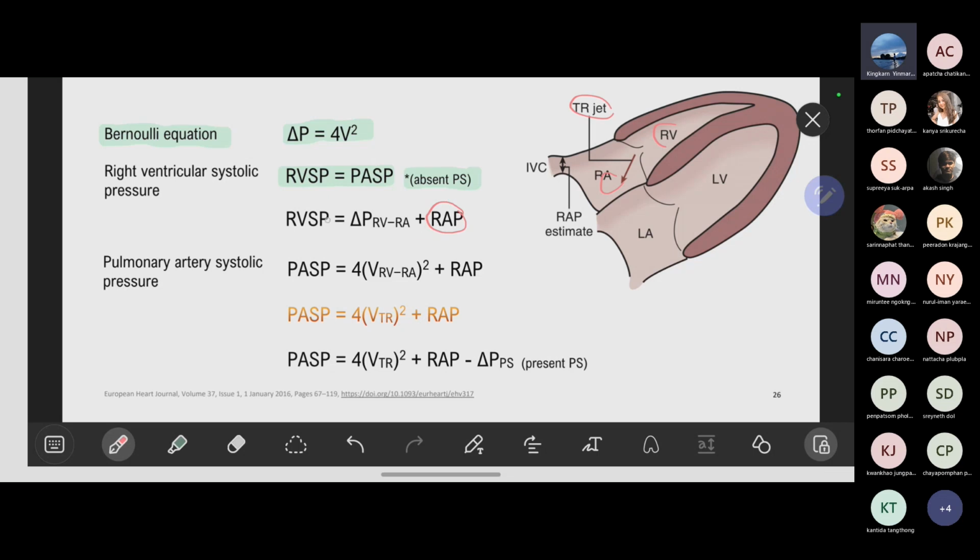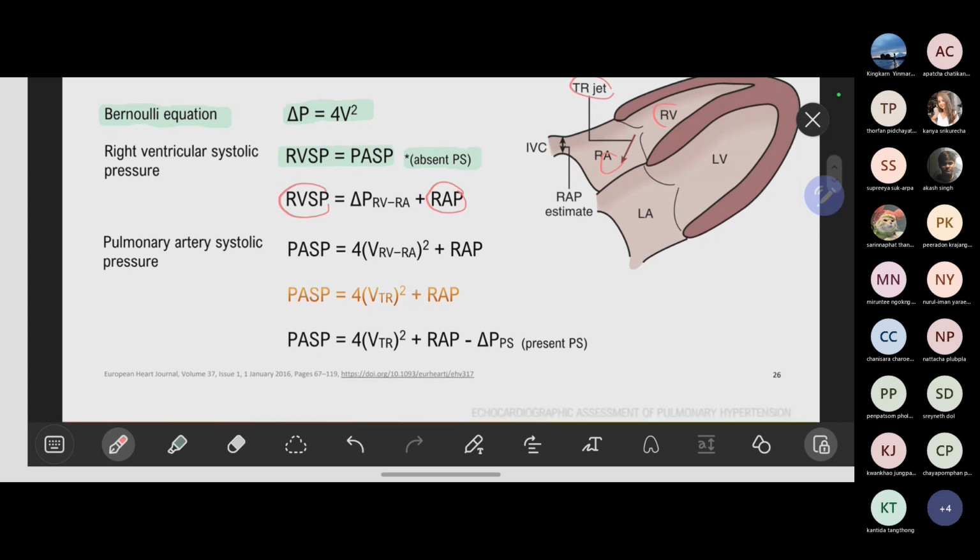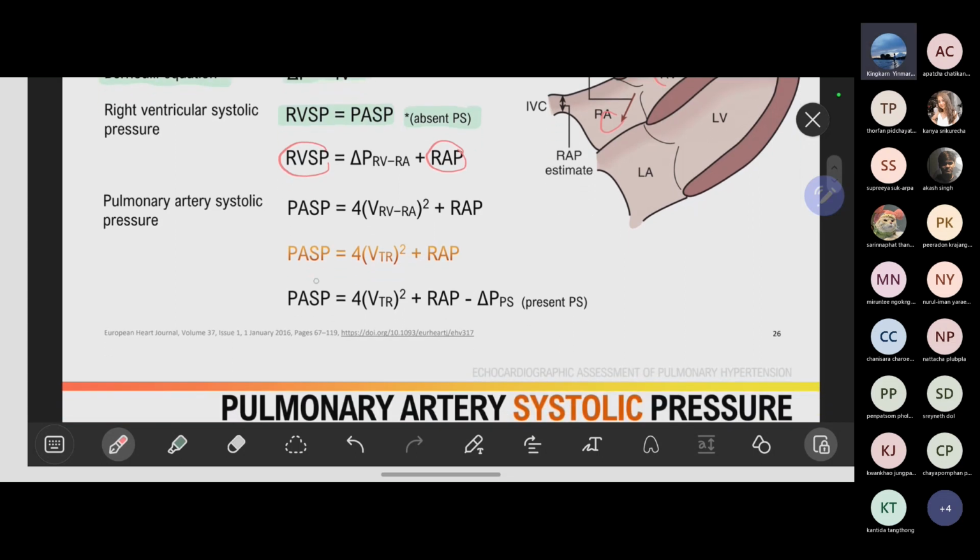So PASP is equal to 4 multiplied by V squared plus RAP.